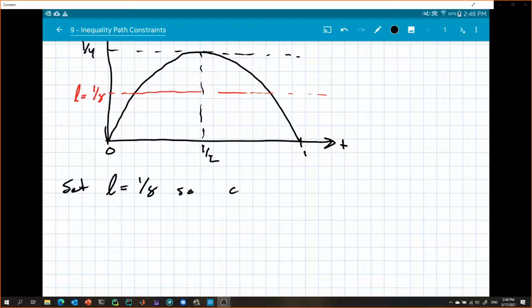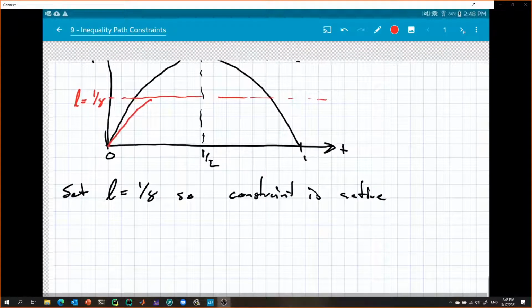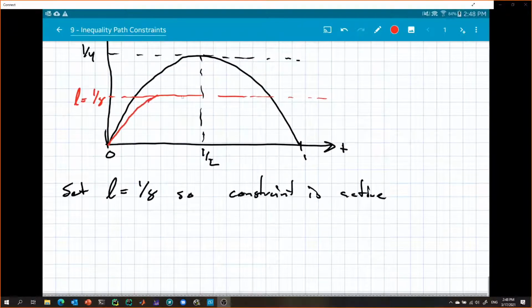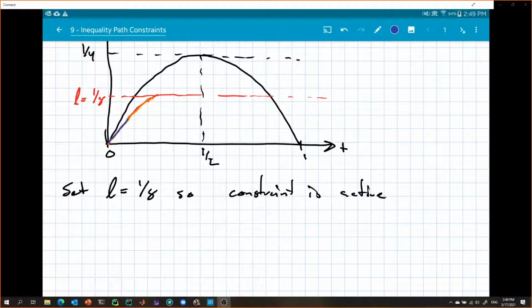So the constraint is active. And we can kind of guess at what that will look like. It will go up like before, not exactly like before, but it'll go up. Maybe actually it's a different color. Let's use this one. So it'll go up like before, then reach its constraint boundary, and then go down.